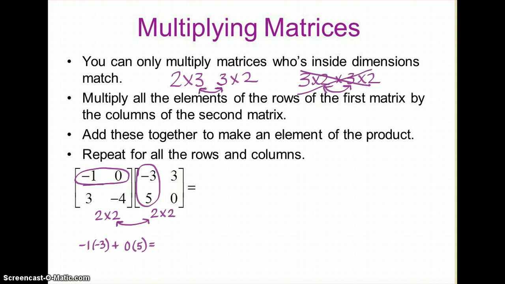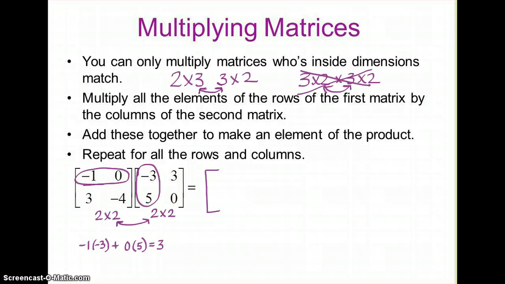So that's 3 plus 0, which is 3. The very first element that goes in row 1, column 1 of my product is the number 3. Now I repeat that process.